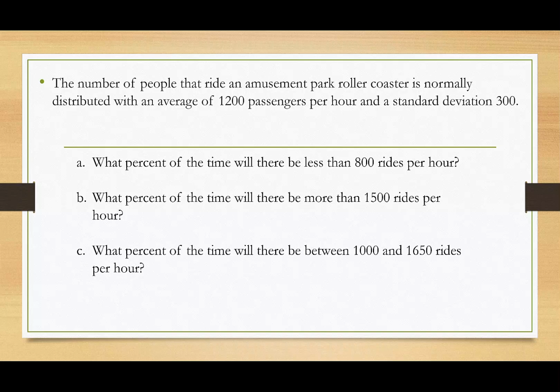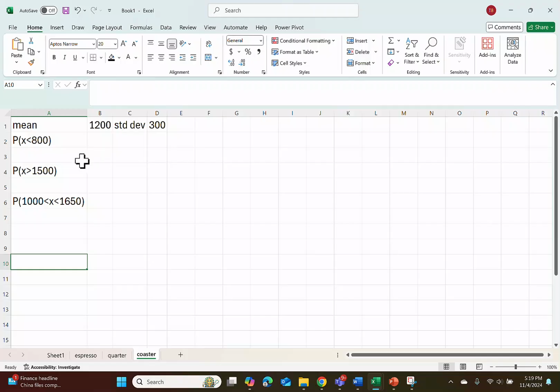We want to find the percent of time there will be less than 800 riders per hour, more than 1,500 riders per hour, and between 1,000 and 1,650 riders per hour. In Excel, we set up the problem, and we'll start with finding the probability that we have less than 800 riders per hour.